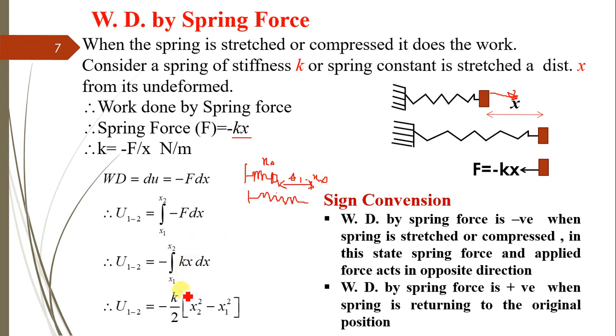Considering x1 as its original length and x2 as the length in the deformed state, this work done from the limit x1 to x2, on solving, finally gives x2 square minus x1 square, where x1 and x2 are the deformations that occur in the spring.